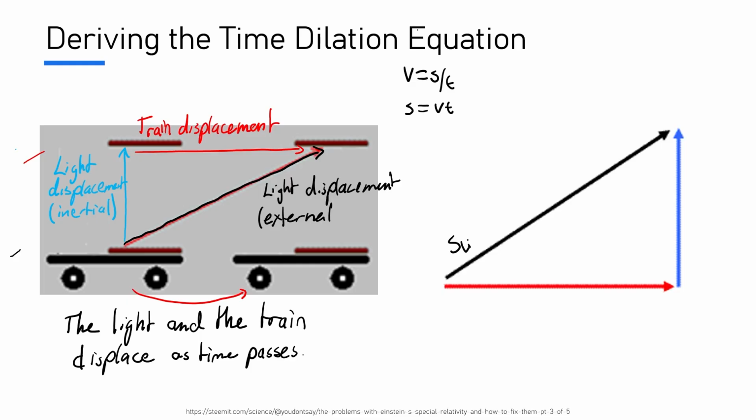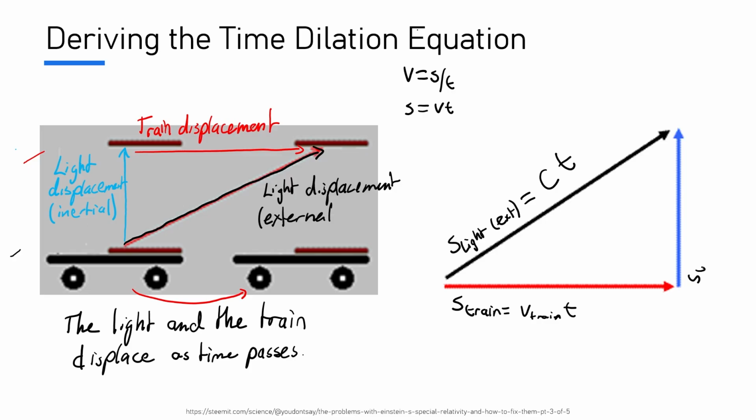So the displacement of light as measured by the external observer will be based on the speed of light being multiplied by the time taken for the light to go from the bottom of the train to the top of the train as observed by the external observer. The displacement of the train is equal to the velocity of the train multiplied by the same time period, because this is also being measured by the external observer.